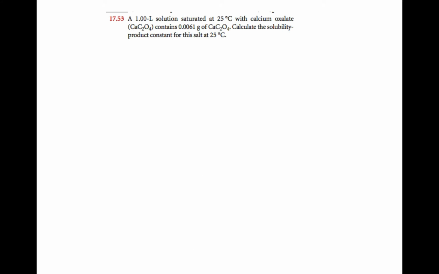A 1 liter solution saturated at 25 degrees Celsius with calcium oxalate contains 0.0061 grams. Calculate the solubility product for the salt. So you've got to get it in moles per liter.